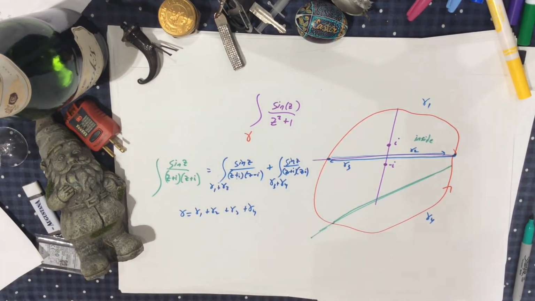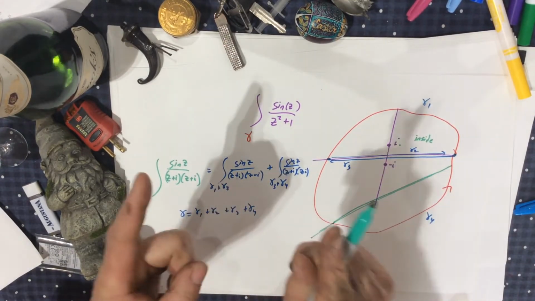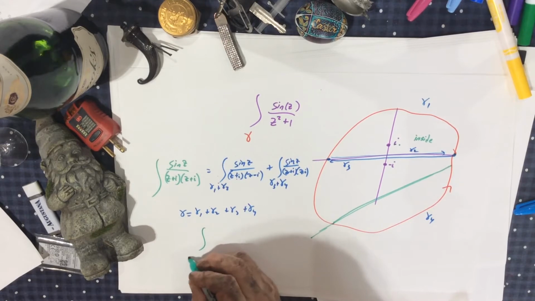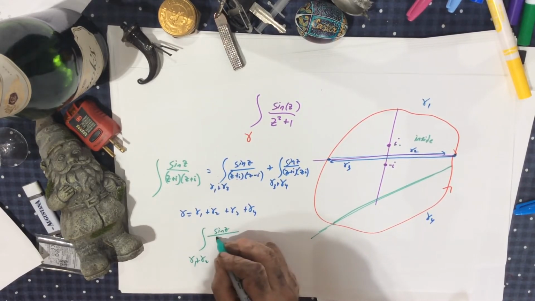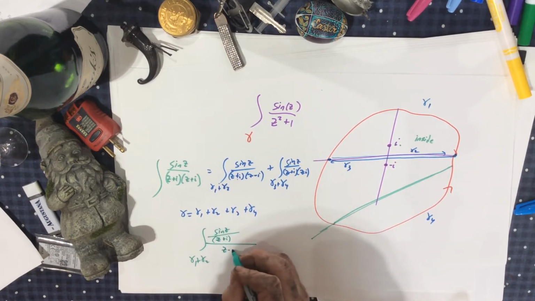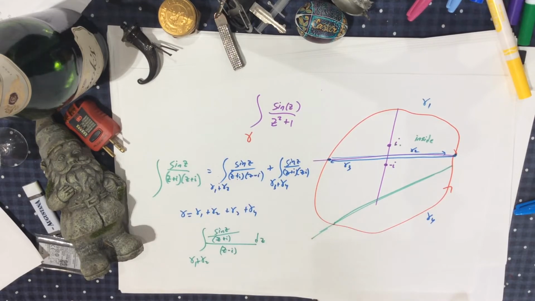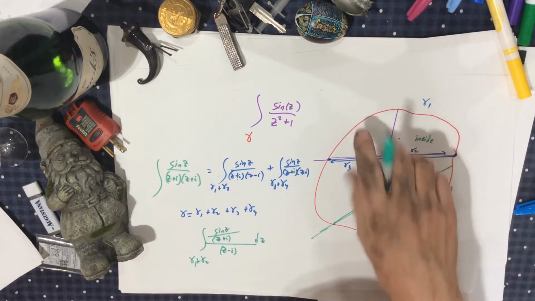Now, what's really neat about this is the first integral is just up here. There's only one bad point. So we'll move everything else to the top, and in the bottom, we put z minus i dz. And so now we have an analytic, holomorphic function in the region that we're integrating.